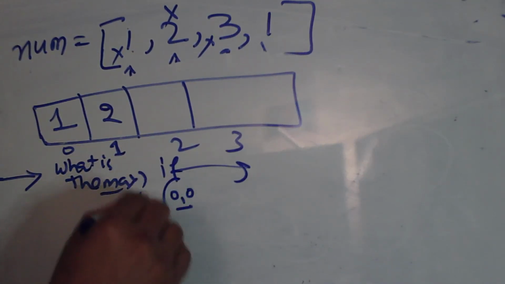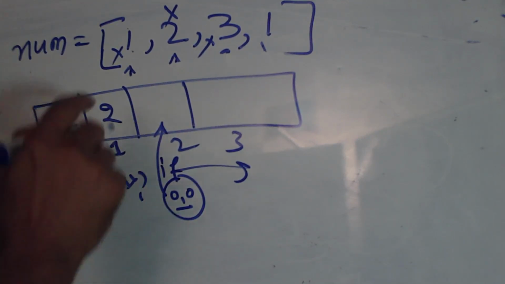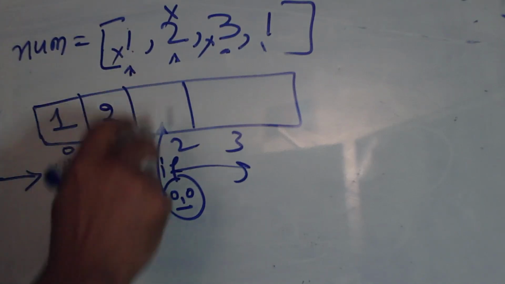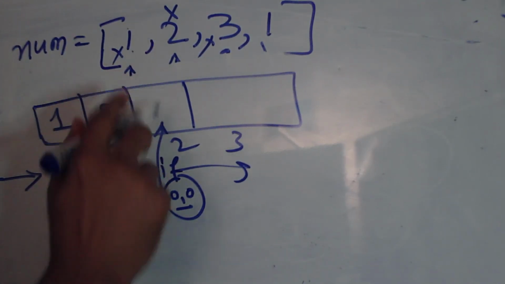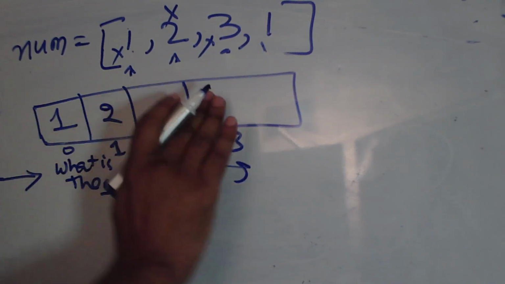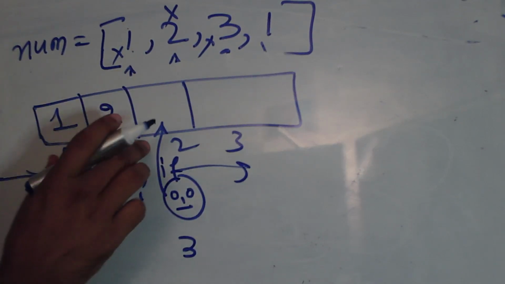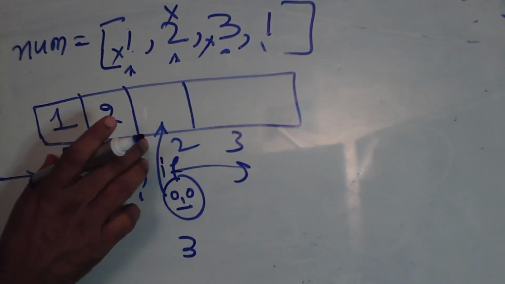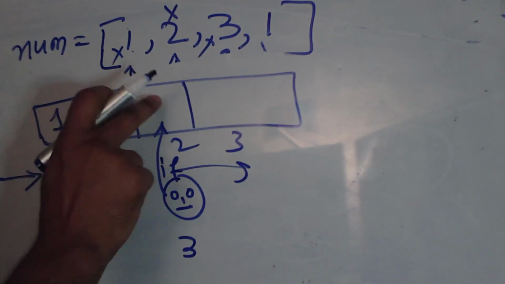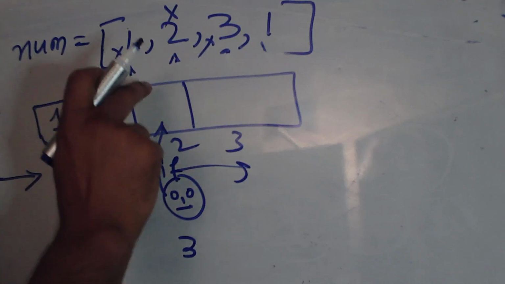If the robber starts from here, he's going to pick the amount for this value, that is 3, and we don't know anything ahead, but we have calculated up to that house.